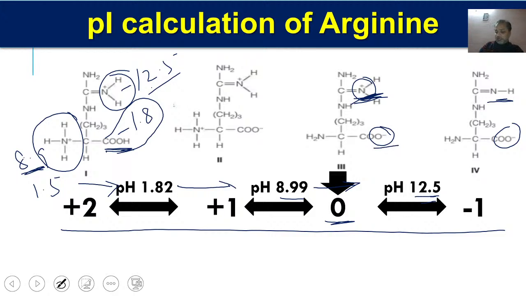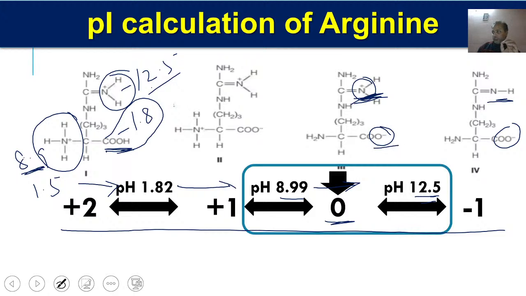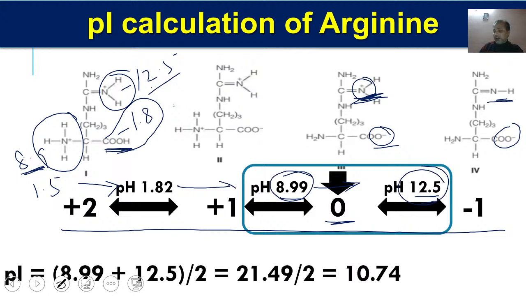So it is my Zwitterion. Now this Zwitterion exists between 2 specific pH values, that is 8.99 and 12.5. So we have to take the average of 8.99 and 12.5. So the average is 10.77. Means for this amino acid, the isoelectric pH is 10.74.